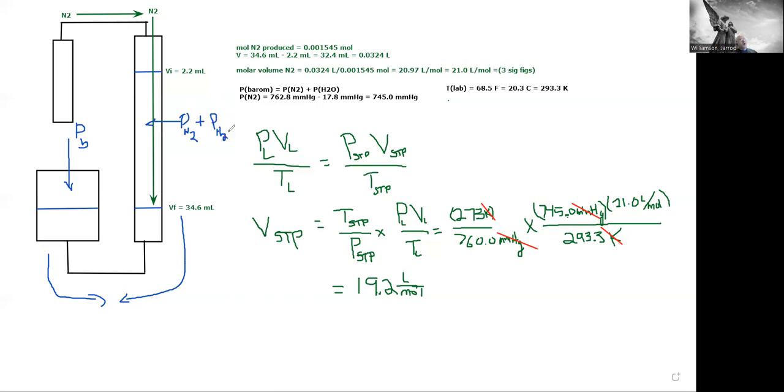It's called the vapor pressure of water. So the barometric pressure will be equal to the pressure from the nitrogen plus the vapor pressure of water.